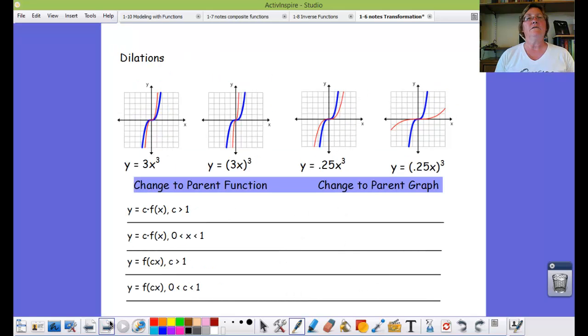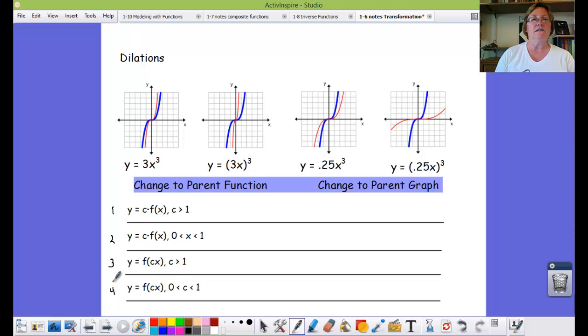The newer thing for us by far will be the dilation, and while you may have talked about dilations in your Algebra 2 class, you probably did not make the distinction between a dilation that is applied to the entire function or one that's applied only to the variable. Okay, so I want to have you number these 1, 2, 3, 4.